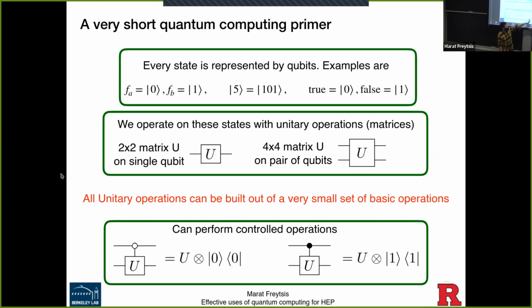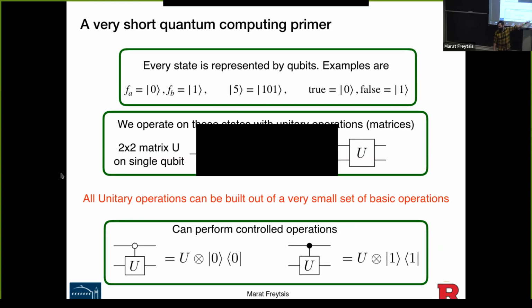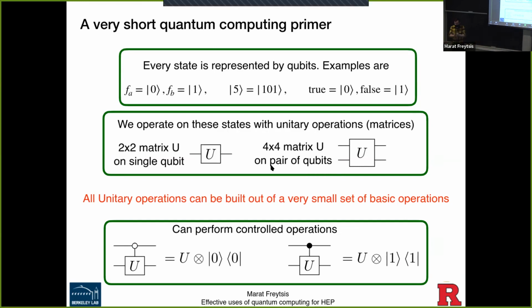That's a simple enough system that you can just prove that's optimal. So whenever people write this, what actually gets implemented in hardware is this decomposition into two CNOTs and a few 1-qubit operations.